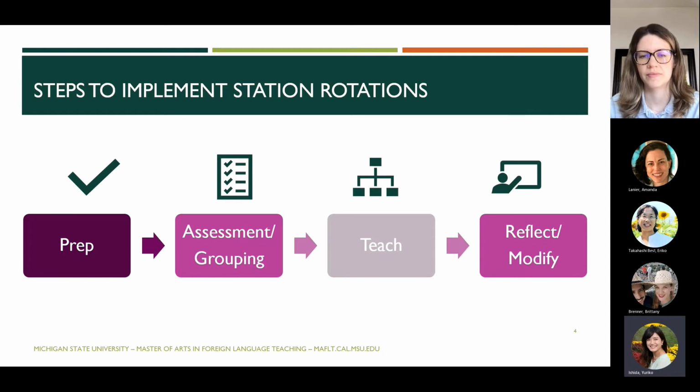Think about your logistics, like how many students you have, how much time you have, and decide how many groups you can make. And then when you make groups, you have to do some assessments to have a good idea of where students are, not just your feelings. And then you finally get to teach and have some time to reflect and modify for your next day or next unit.